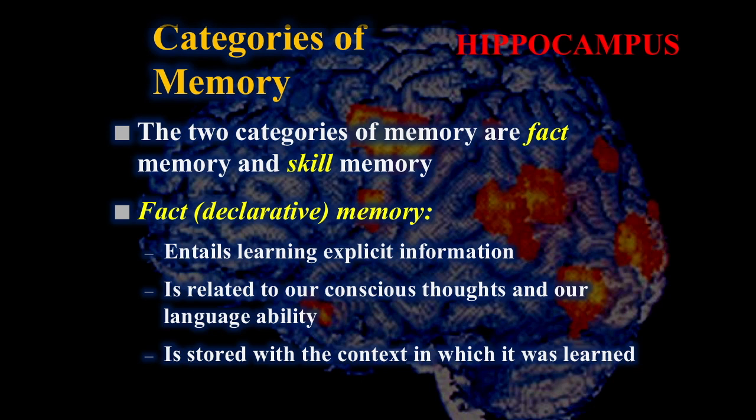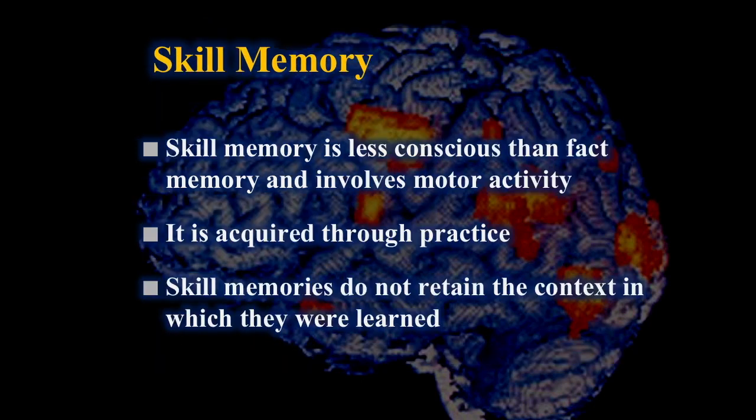And it's stored with the context in which it was learned. So you may remember what room you were sitting in when you learned it. You may remember what the professor was wearing when you learned it. You may remember what you were wearing when you learned it. So that is stored with that fact memory. Whereas skill memory is less conscious and it involves motor activity, like learning how to ride a bike.